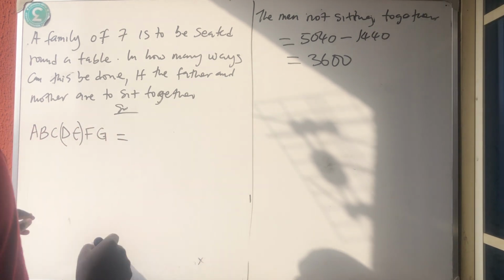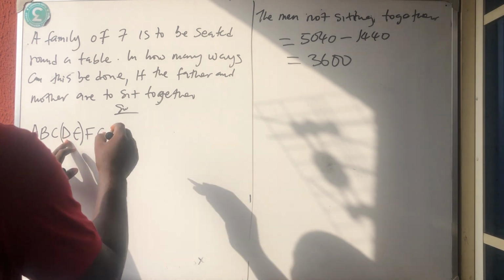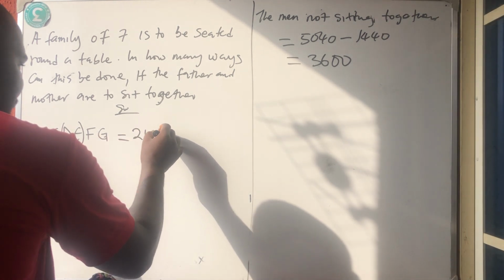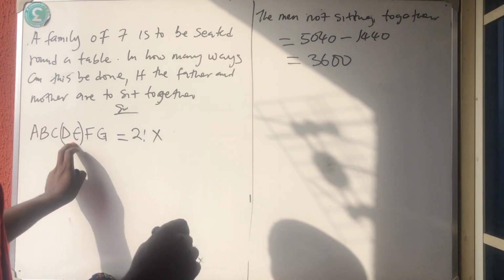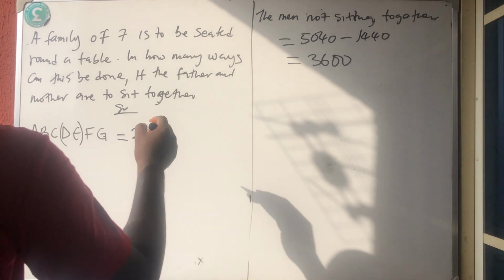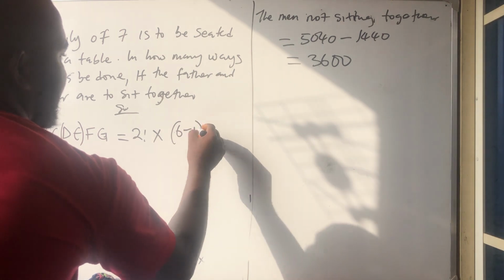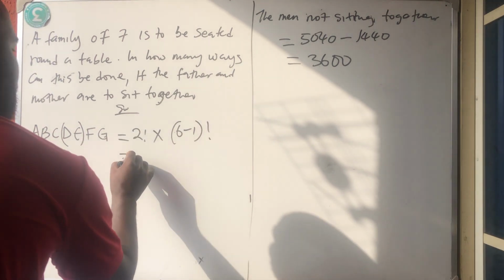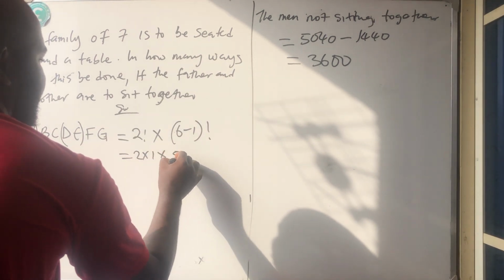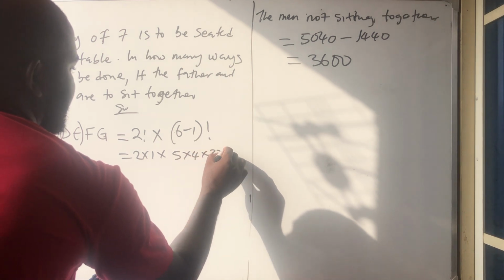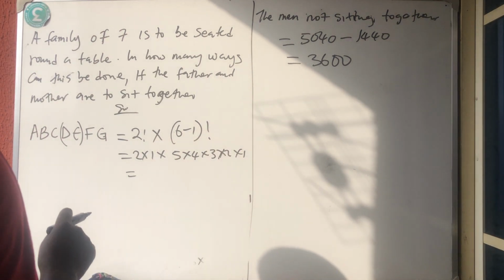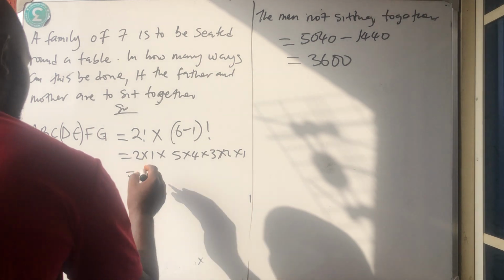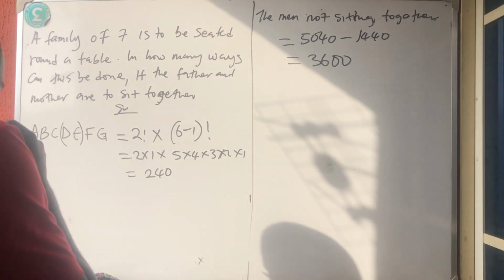The ways of arranging the father and mother is 2 factorial, times the ways of arranging the 6 units, which is 6 minus 1 factorial. So 2 times 1 times 5 times 4 times 3 times 2 times 1. My answer becomes 240 ways.